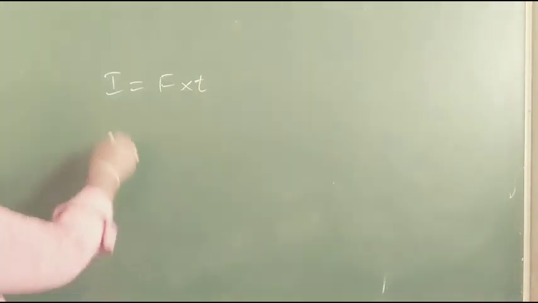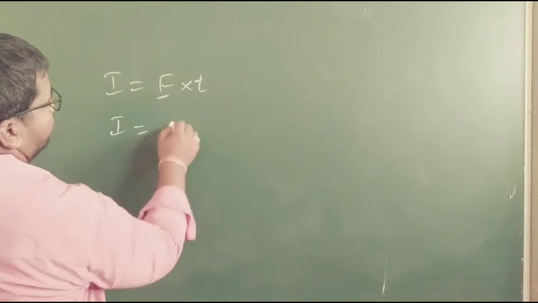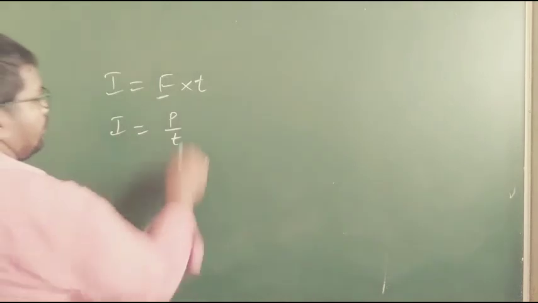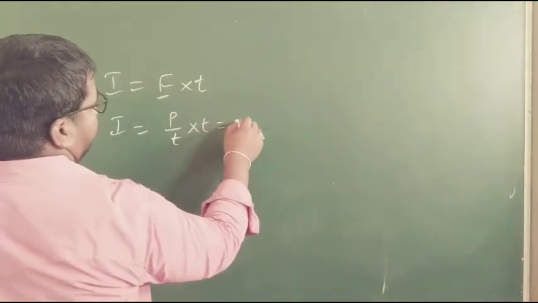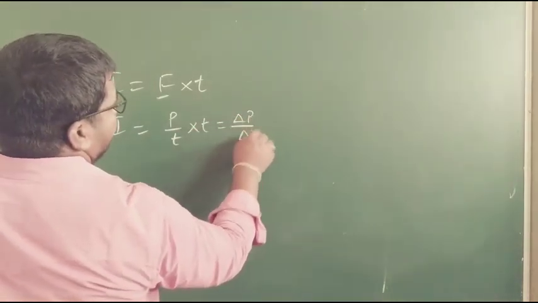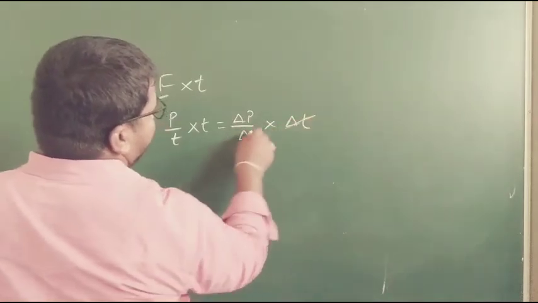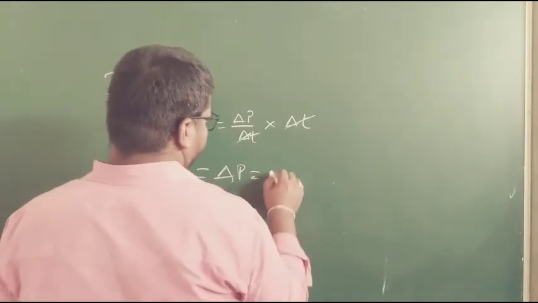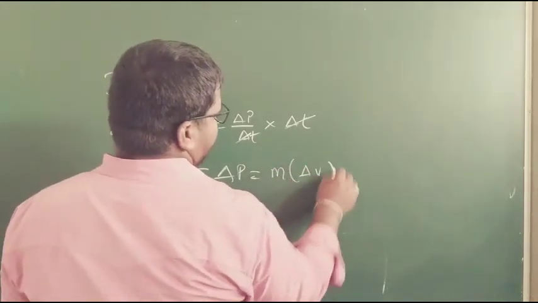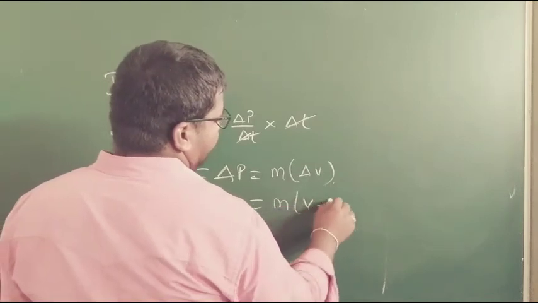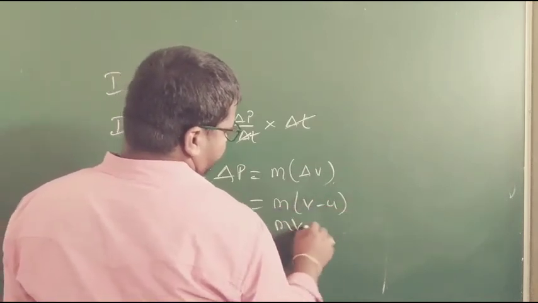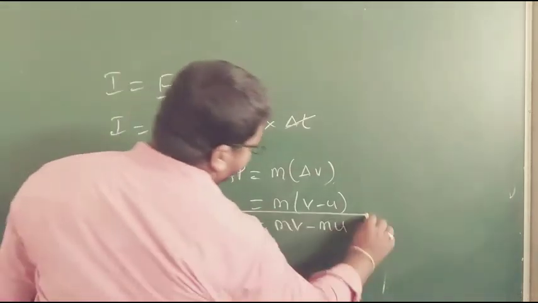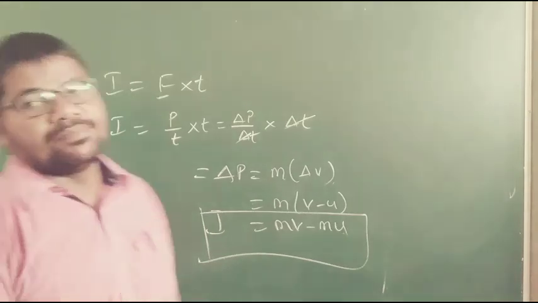So we know that I is equal to F into delta t, that is delta p by delta t into delta t. Delta t gets cancelled. Delta p is equal to m into delta v, that is m into (v minus u), which is mv minus mu. Okay, understand? Impulse is equal to change in momentum.